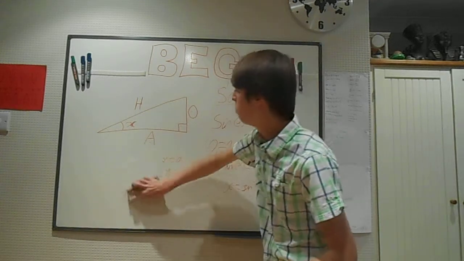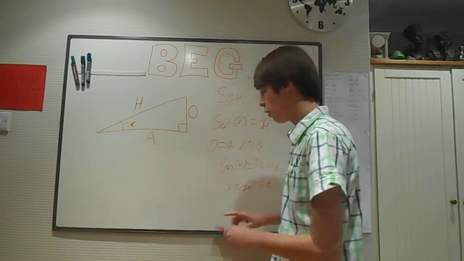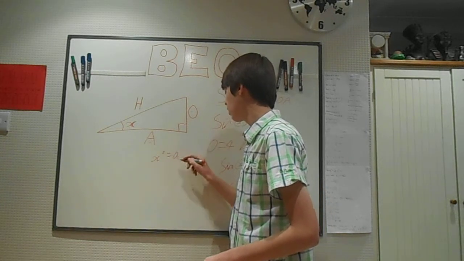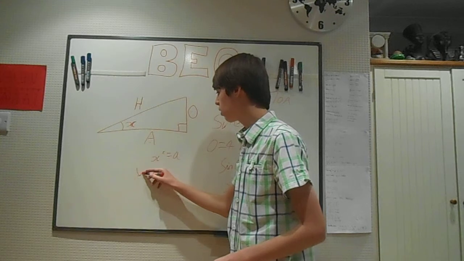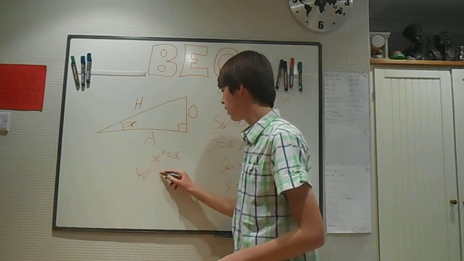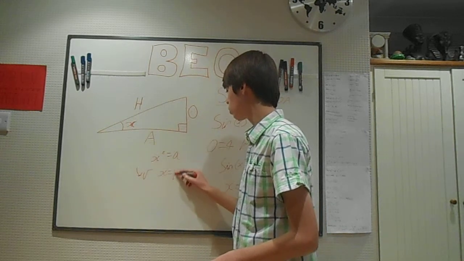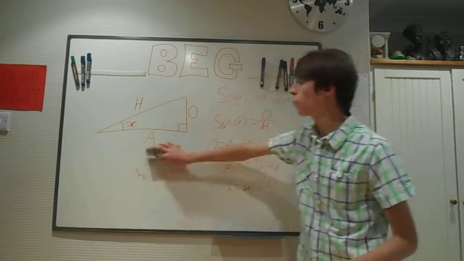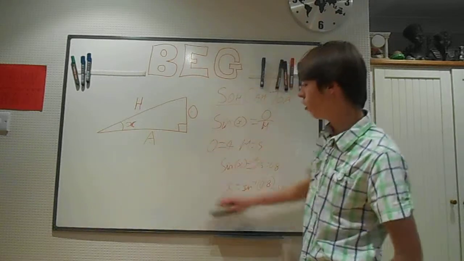And a final example, if we had x squared equals a, then the inverse is the square root, and so x equals square root of a. And that's exactly what we're doing here with the inverse sine to get your answer.